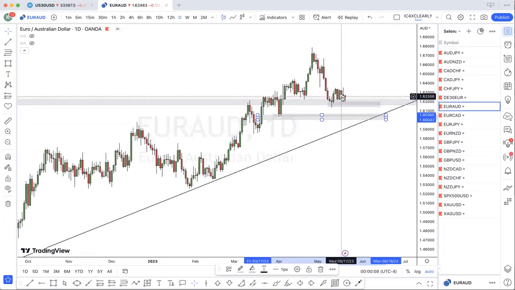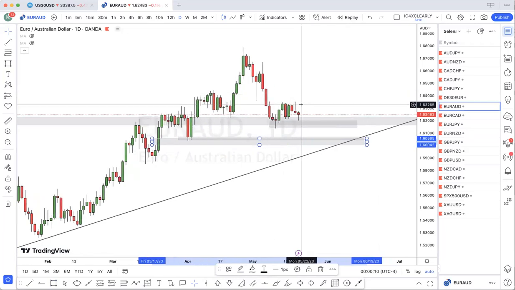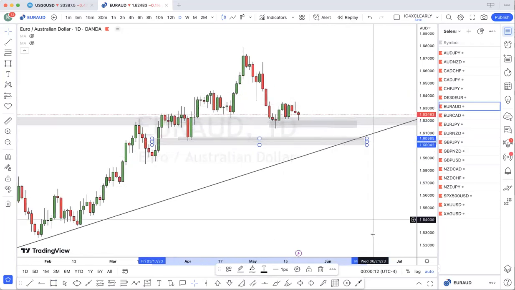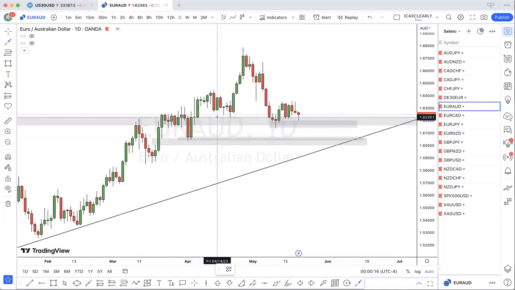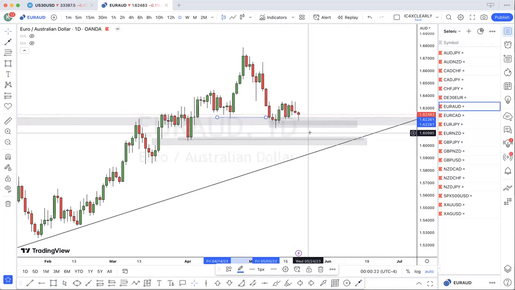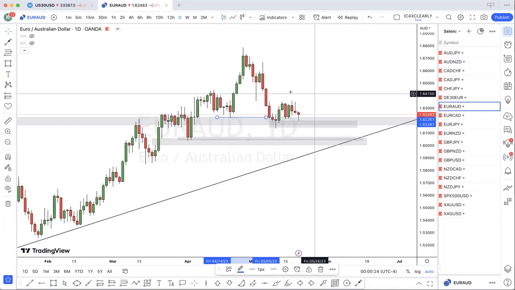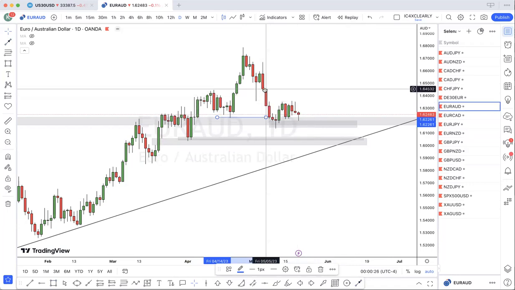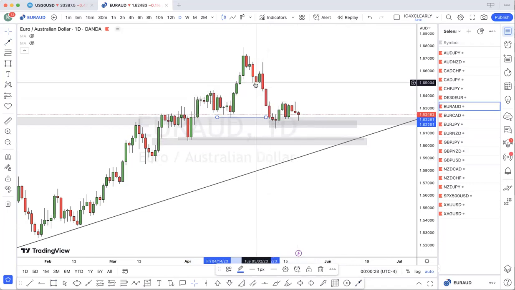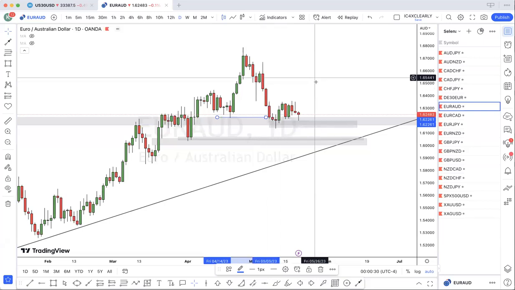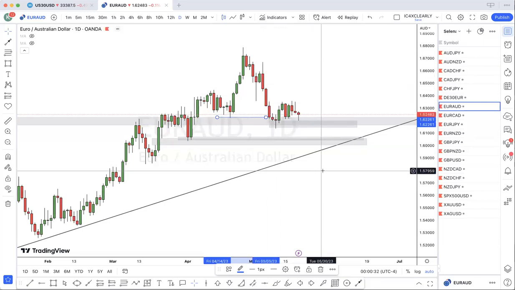But let me make it clear that we have a break of structure here, right? So price may tap into here, may pull back and fill this imbalance or this area of supply, and then drop down.